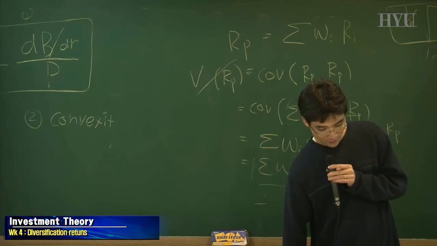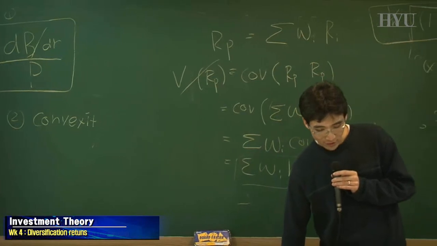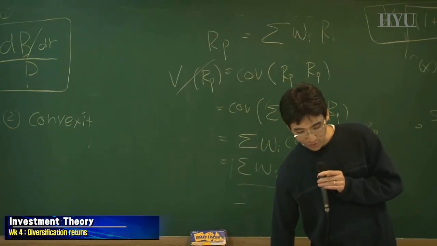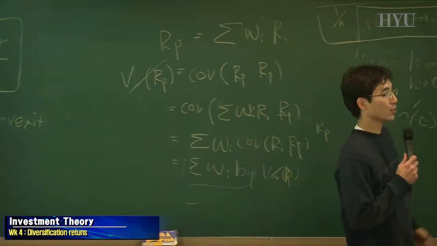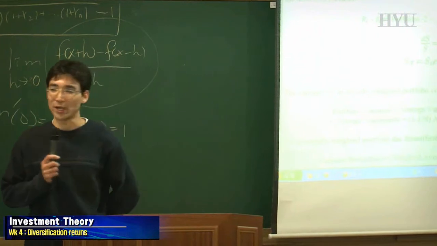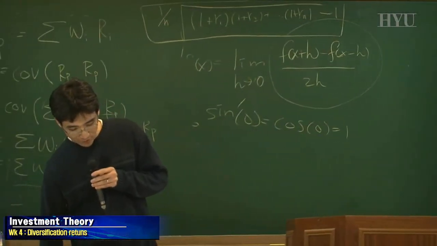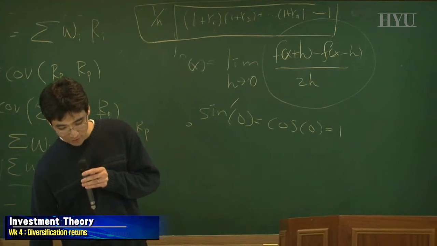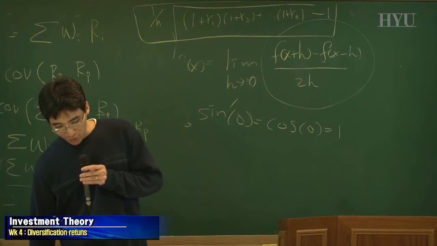Anyway, consider the variance of an equally weighted portfolio consisting of n securities. We have n securities and they are equally weighted, which means each individual asset's weight is 1/n. So we can think of portfolio variance as average variance divided by n, plus 1 minus 1/n times average covariance, right?